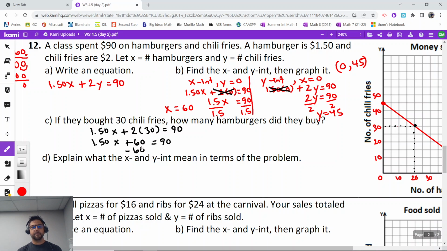Subtract 60. So we got 1.5x is equal to 30. Divide both sides by 1.5, kind of like we did at the beginning of this problem. And if you do it correctly, x would come out to 20. So how many hamburgers? 20 hamburgers.